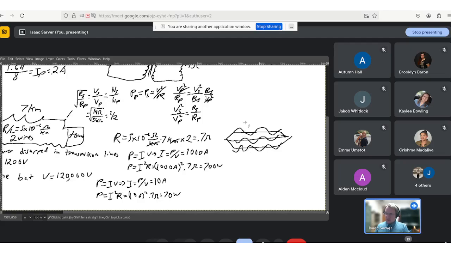And when you add these guys up at this end, this would be the sum of the currents. So I1 plus I2 plus I3 is equal to 0.